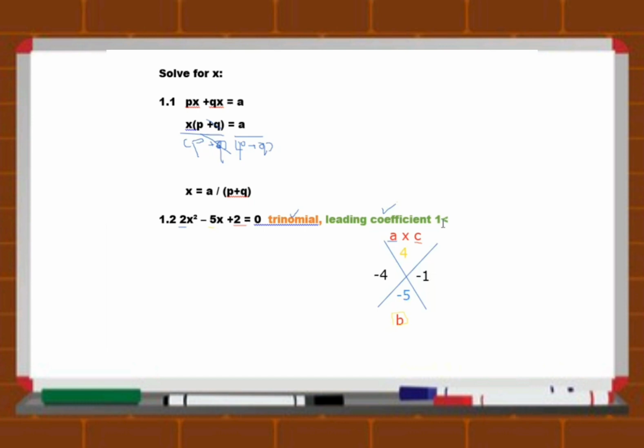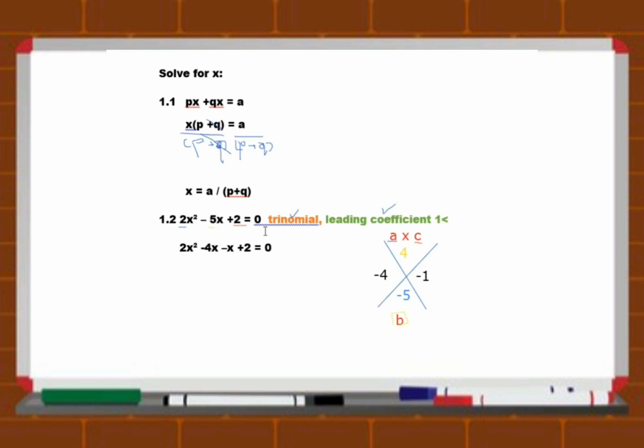How are we going to write this as an equation? 2x squared minus 4x minus x, which is minus 1x, plus 2 equals 0.